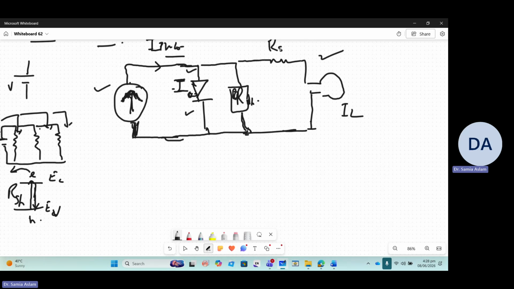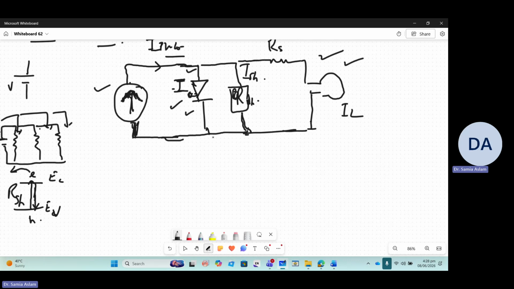So this is the resistance which the load is sharing in series with it. Okay, and how many paths are there? One is the diode current, which is the saturation current. The other is the shunt current, I shunt, and then it is the I load. So for every path there is a different type of current, but all three currents have to be provided by the solar cell. It is the responsibility of the solar cell to provide. And the two paths add to the current losses. It means that all the current generated as a result of the photoelectric, photovoltaic effect is not being provided to the external load.